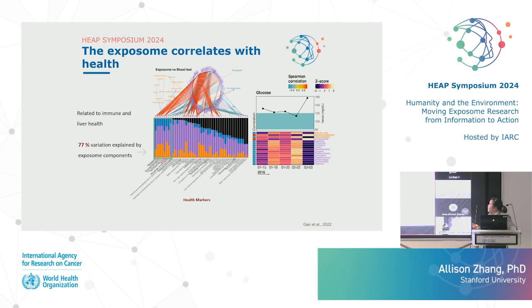So there are 5 glucose measurements during the study period, and the green belt shows the normal range of glucose levels. The bottom half shows the exposome components that are correlated with the changes in glucose. The chemicals are shown in orange, biologicals are shown in purple. And the leftmost box shows the direction of the correlation.